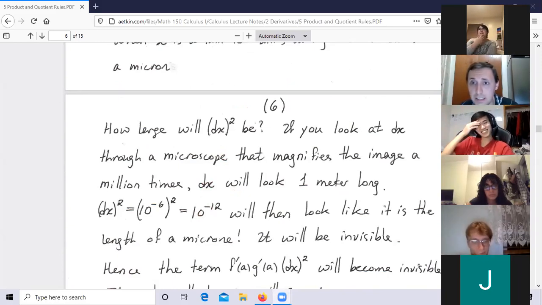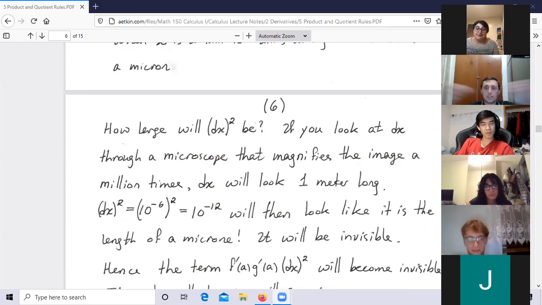Can you imagine the scale? You don't see it. You understand? Under a million zoom, it's tiny. You see, 1 meter is huge, right? So you understand, a micrometer is tiny. And this dx squared is so tiny compared to that tininess that you will not even see it, even if the micrometer is made a million times bigger. If it's made a meter, I cannot spread my arms wide enough for you to see a meter.